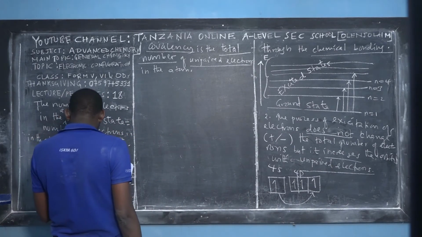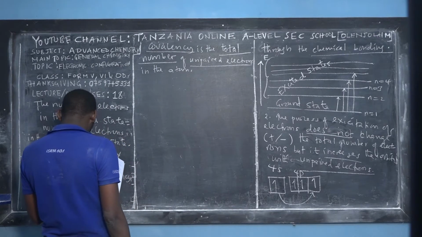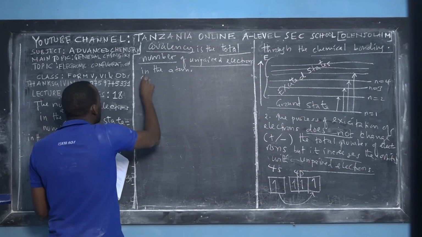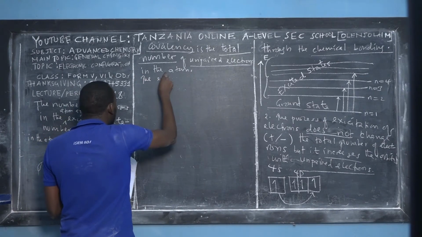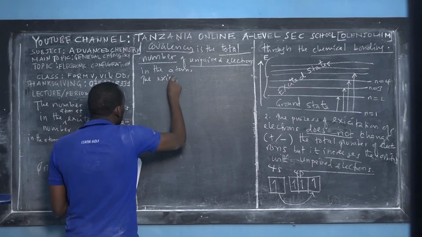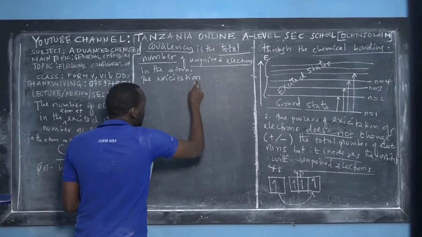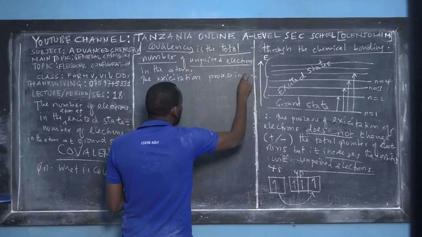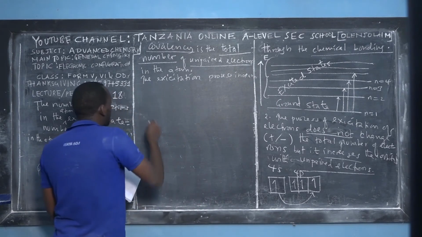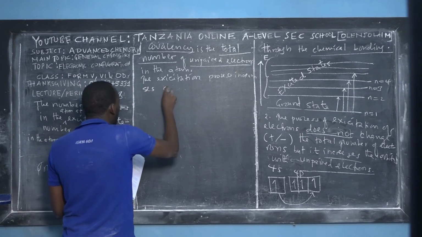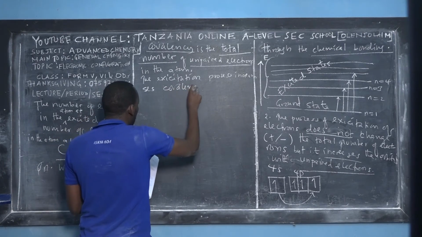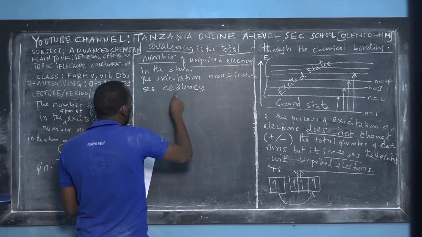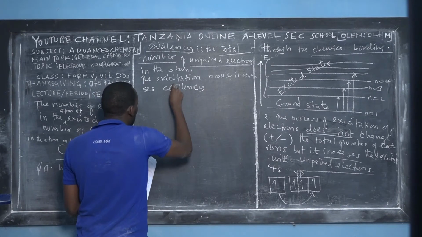Since exciting electrons increases the number of unpaired electrons, the excitation process is said to increase covalence. These terms are very important because sometimes questions come and ask you by using these vocabularies.